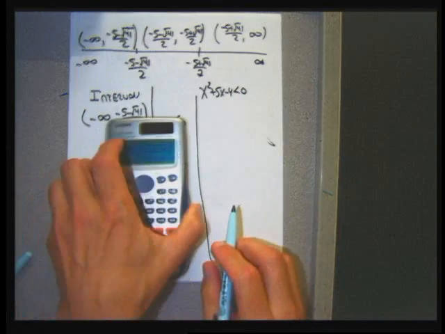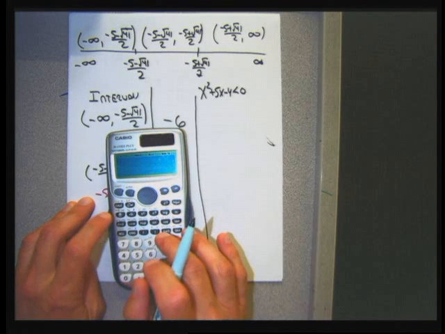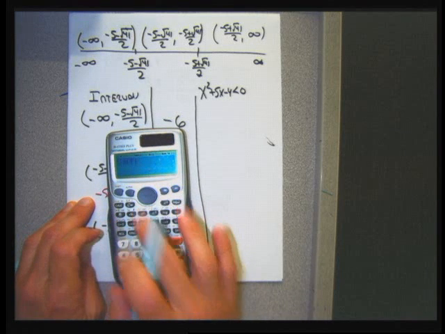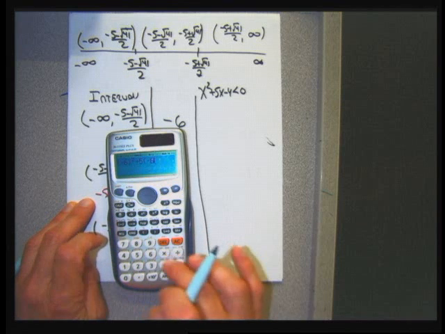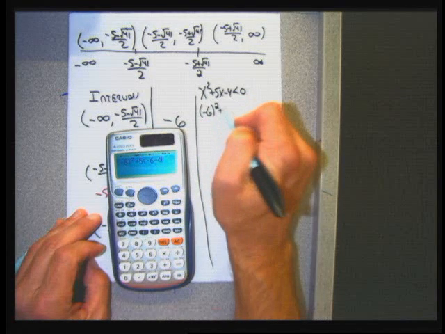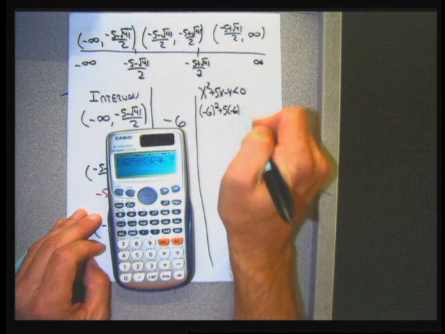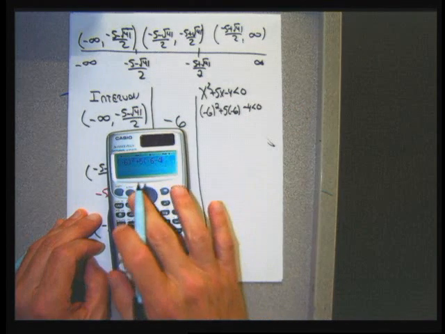So first one, I'm going to go parentheses negative 6 squared plus 5 parentheses negative 6 minus 4. I want to see if that's less than 0. Forgot a parentheses here.